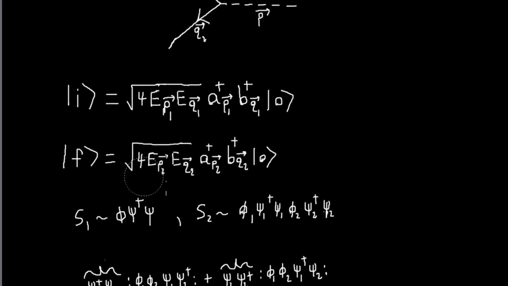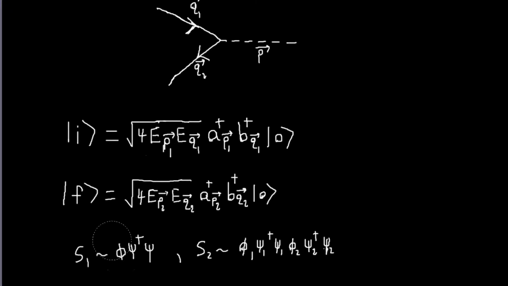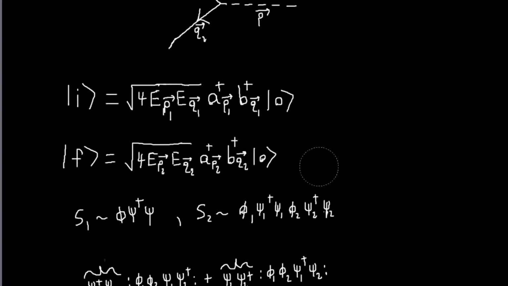And we can see that with the first order interaction term, we can't go from this state to this state with just this, because we need to destroy an A particle and destroy a B particle, create an A particle, create a B particle. Here I can only destroy a B particle, create a B particle, and destroy an A particle, but then I couldn't create another A particle.